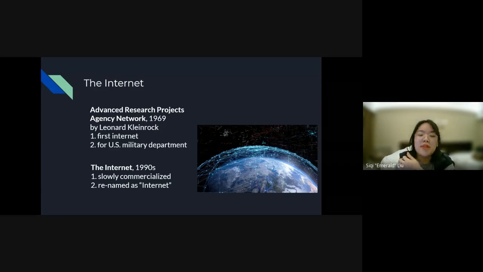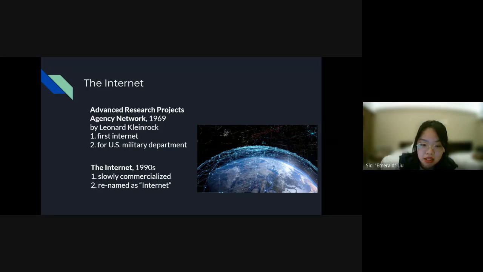There were also many developments in computer science, and the internet was a good example. We all know about the internet and we use it every day, but few people really know the history behind this great invention.